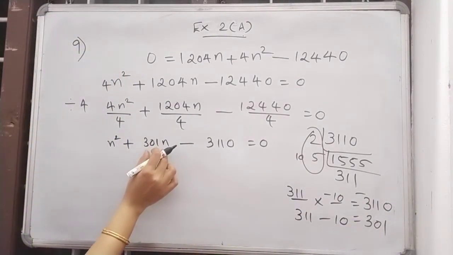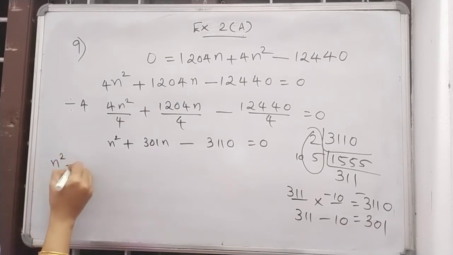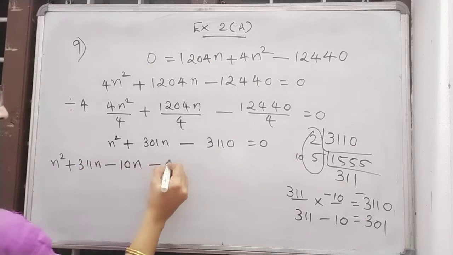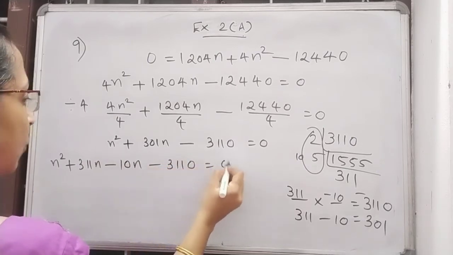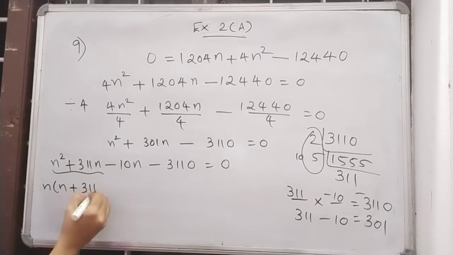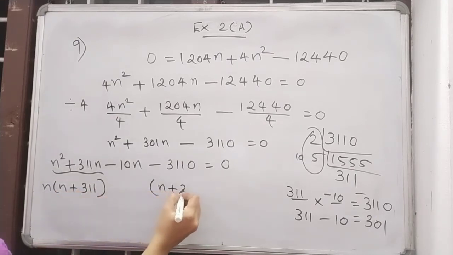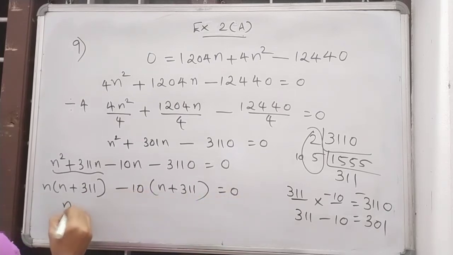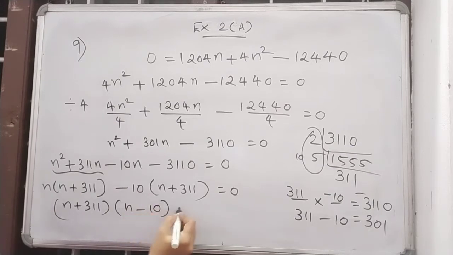So splitting the middle term, n square plus 311n minus 10n minus 3110 is equal to 0. From here n common, n plus 311, and here also n plus 311 into negative 10, is equal to 0. That is n plus 311 into n minus 10 is equal to 0.